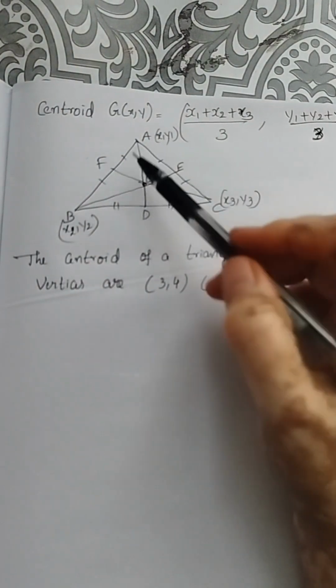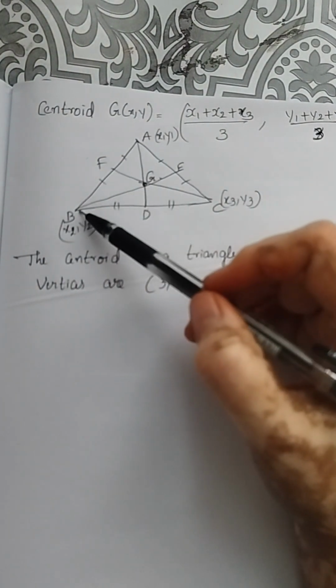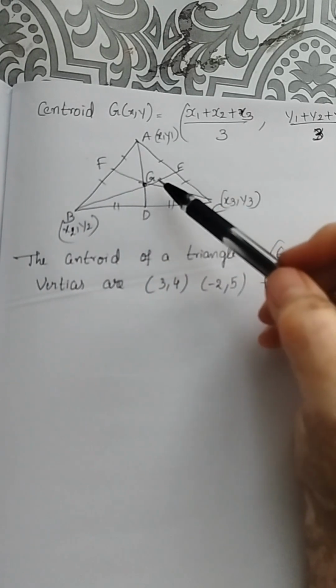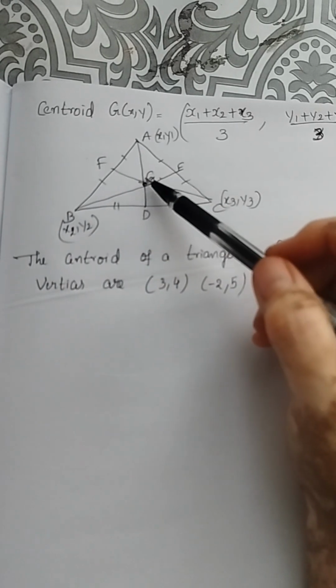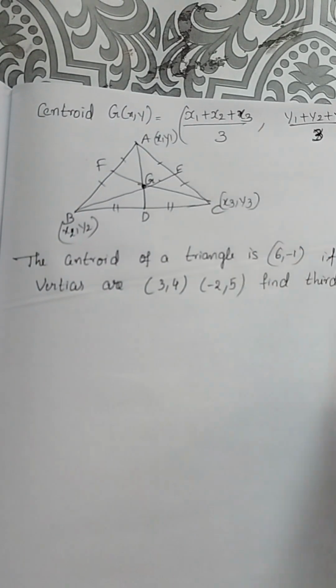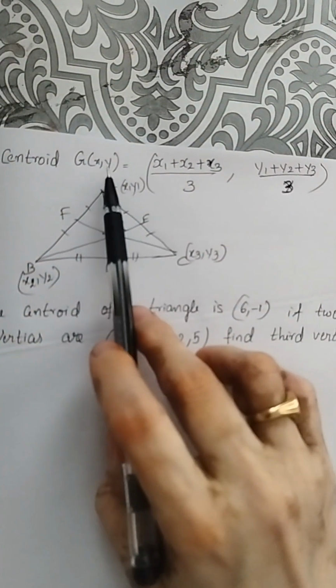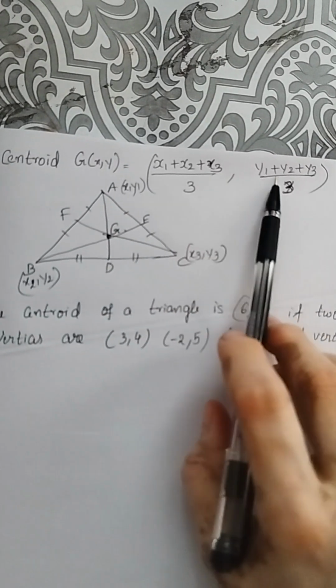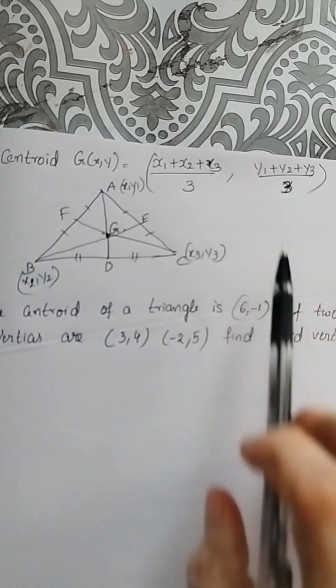So AD is called a median, and BE is also a median and CF is also a median. The centroid is the intersection point of the 3 medians. The coordinates of the centroid are (x1 plus x2 plus x3) by 3, (y1 plus y2 plus y3) by 3.